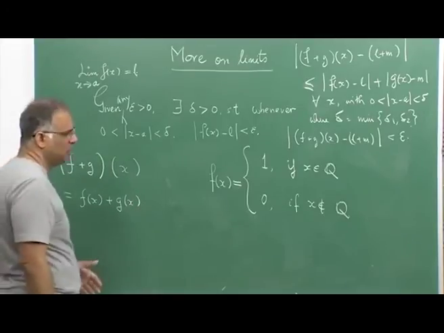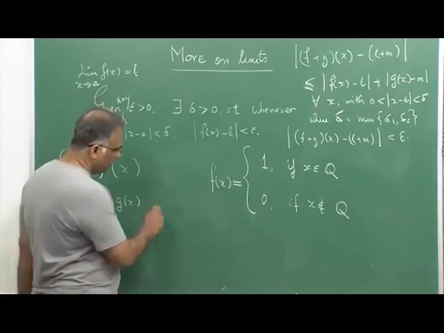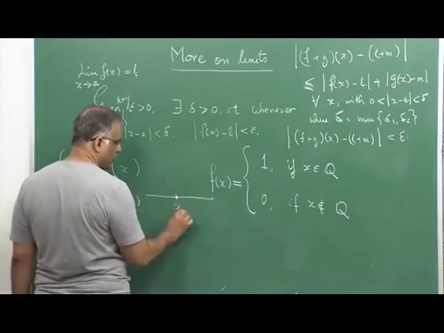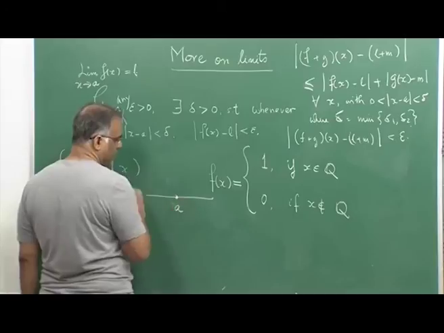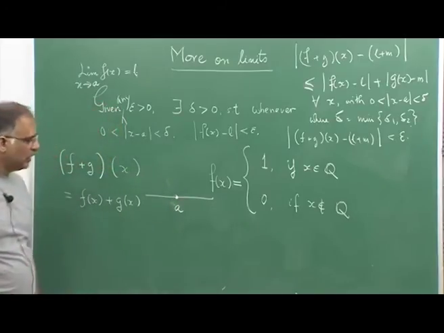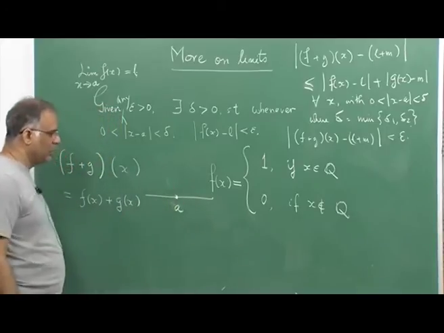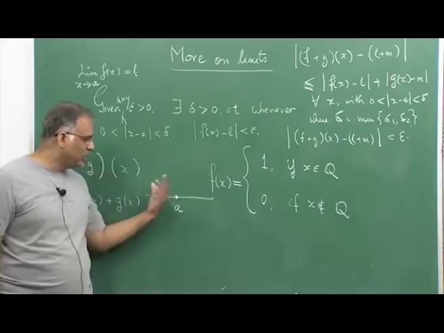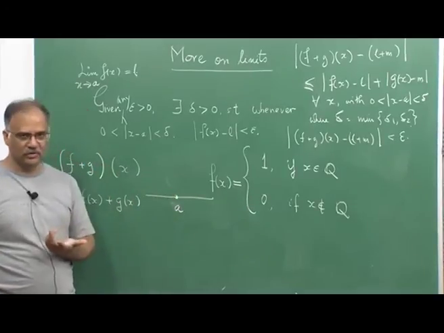This function does not have any limit, because if you take any rational number, say I take a to be a rational number, and now x is approaching a from both sides. Among these x's there will be rationals as well as irrationals.